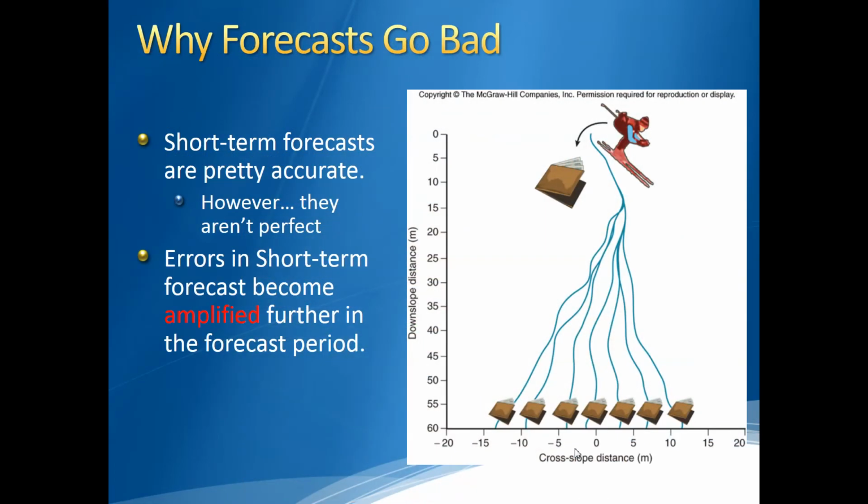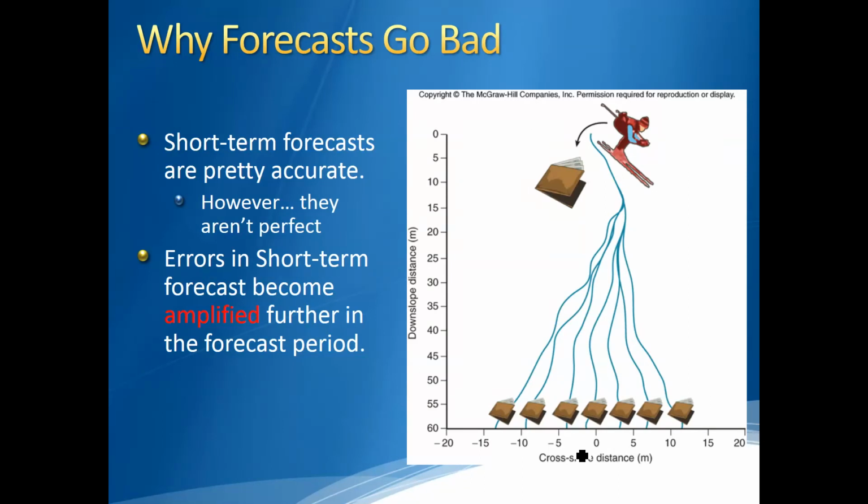Now, why do any forecasts go bad? Well, any of the methods that I mentioned are usually very accurate when used in the short term. If I use a persistence forecast for 5 minutes from now, chances are most of what I say is going to be accurate. However, they're never perfect.